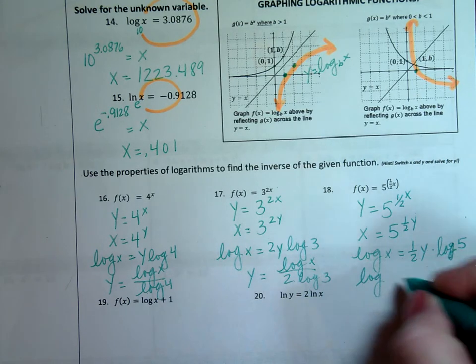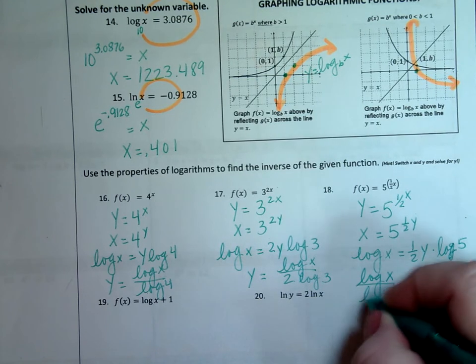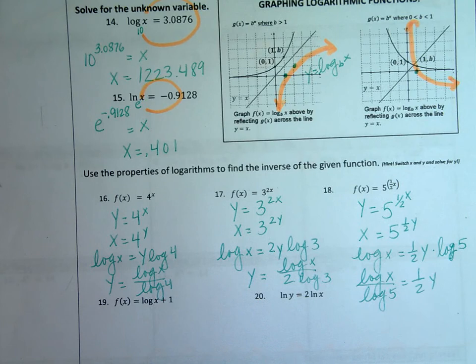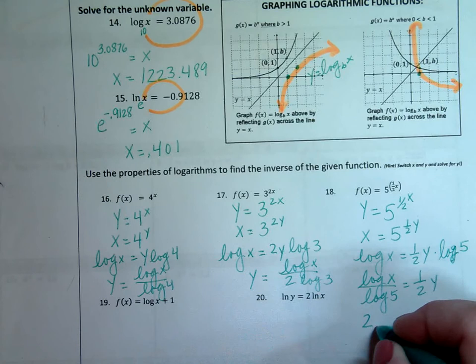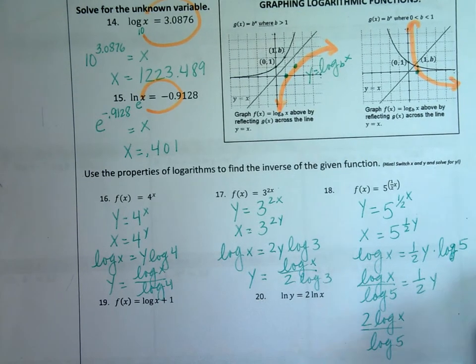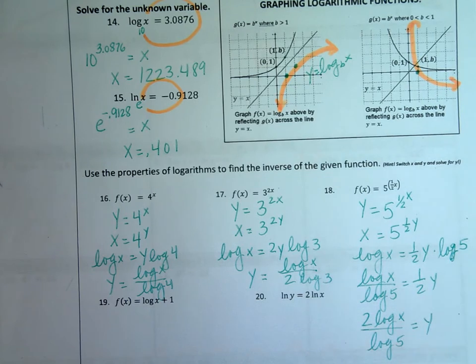Log of x over log of 5 equals 1/2 y. How can you get that 1/2 out of there? You can multiply both sides by 2, right? So that's going to give you 2 log of x over log of 5 equals y. And that's really your answer.